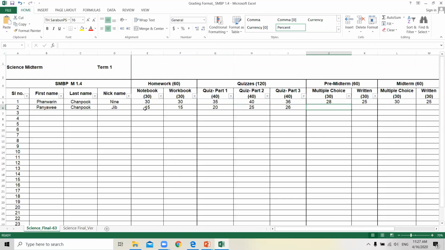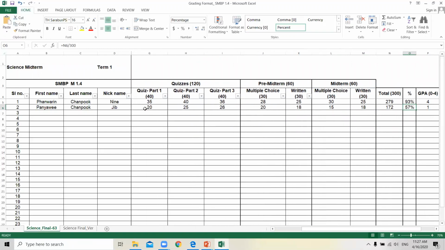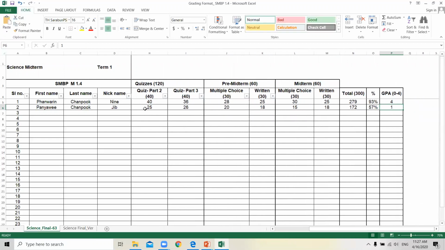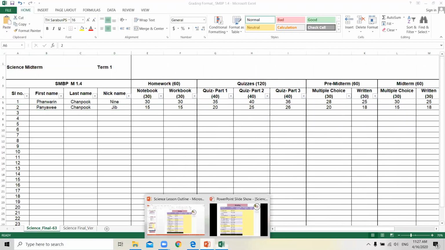So if you get low marks like this, you can see you get only 57% marks, and that will get you a grade 1. I hope you understand the calculation of the grading, and this will be really helpful for you.